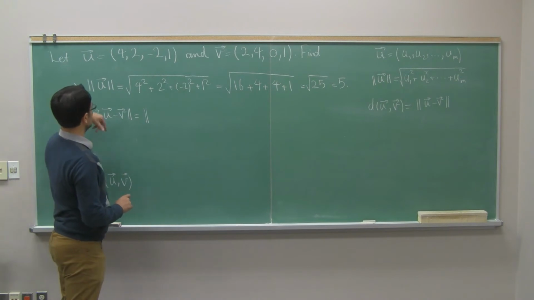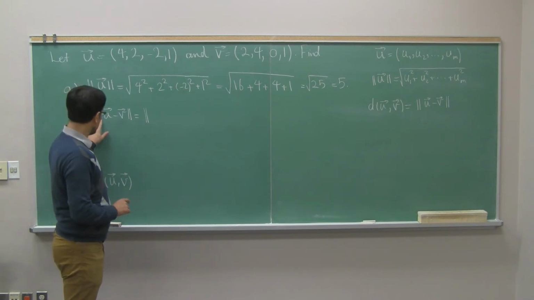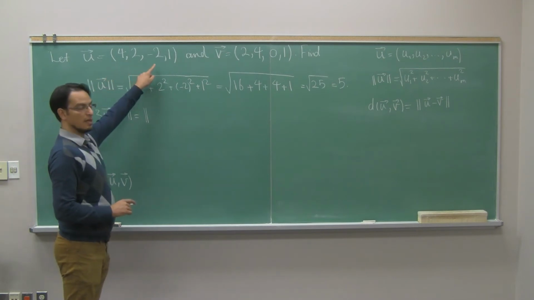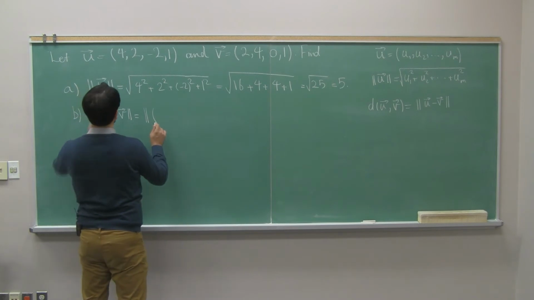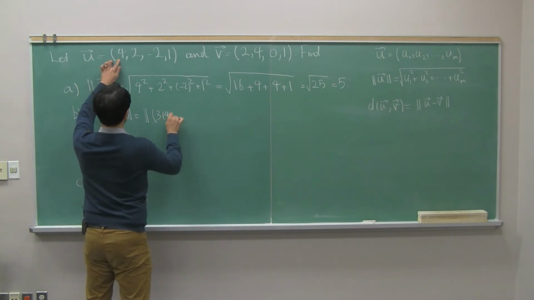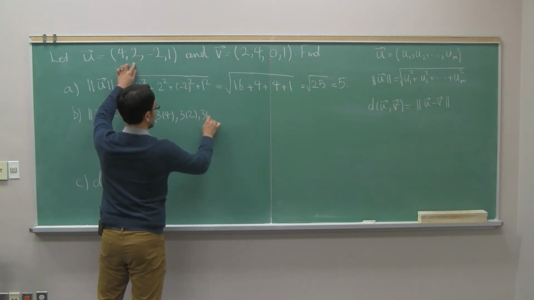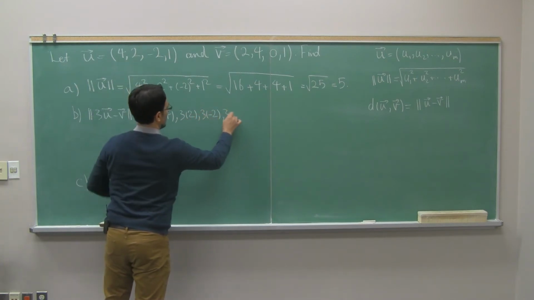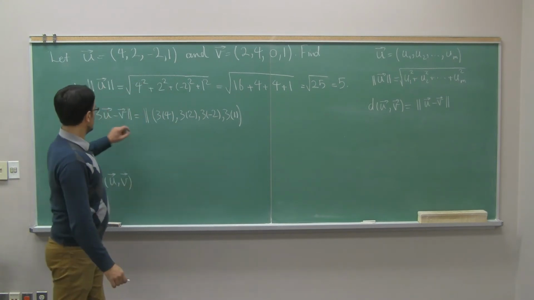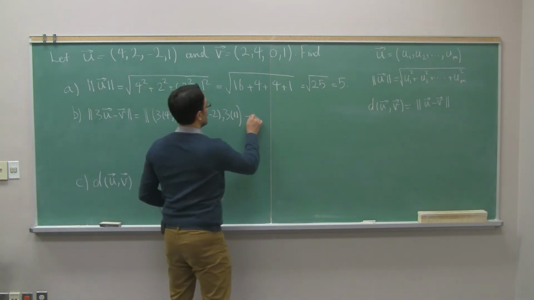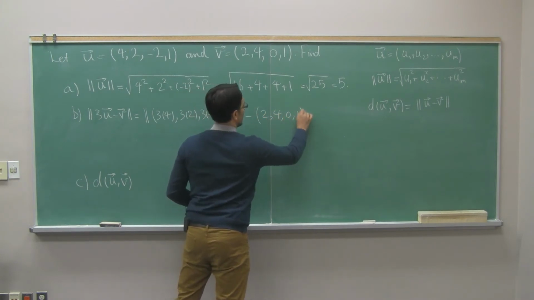Scalar multiplication means that you multiply the number, the scalar 3, to the components of u, the vector. So 3 times 4, 3 times 2, 3 times negative 2, and 3 times 1. I have a vector and then minus v, which is 2, 4, 0, 1.